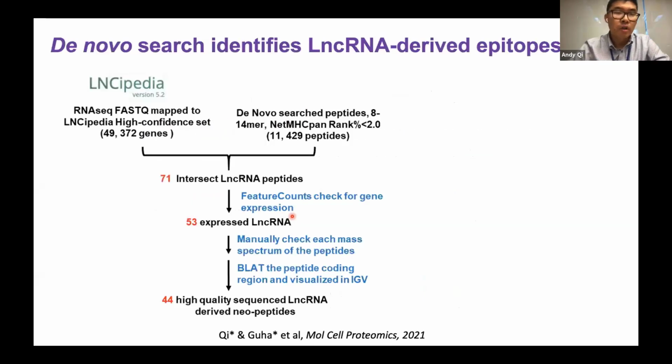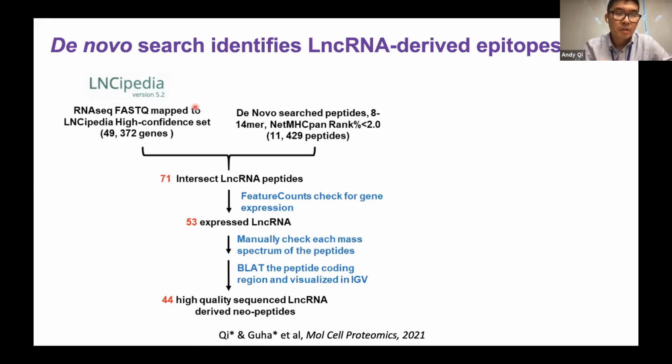So for lncRNA, for non-coding RNA, here we did something a little bit different from the traditional way of doing this. Probably Dr. Tony can comment more later. We use the LNCipedia database. Basically, we know the HG38 standard reference does have a lot of lncRNA annotated, but we thought we probably want a better one.